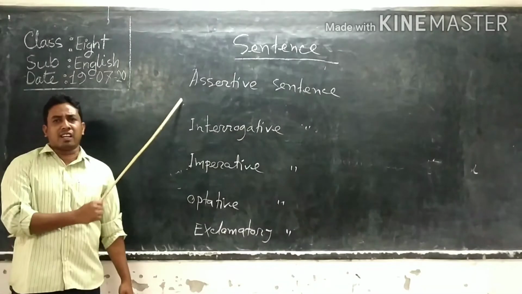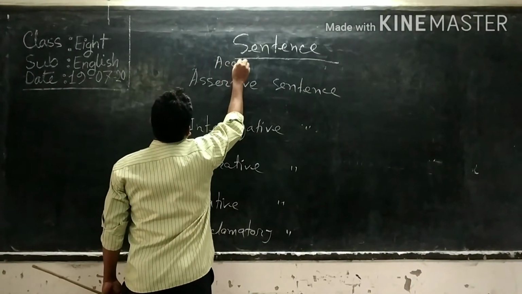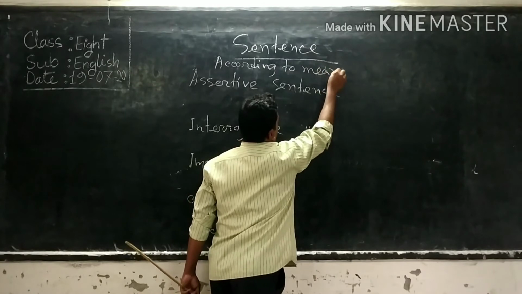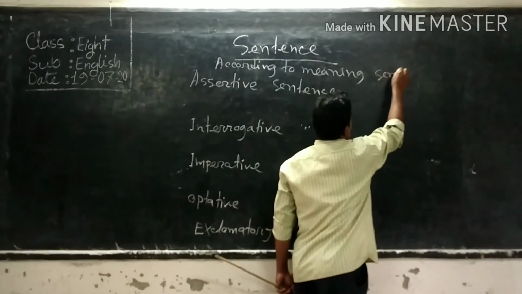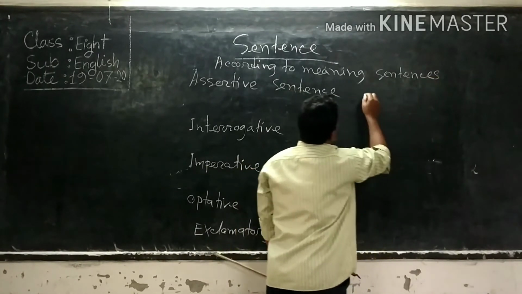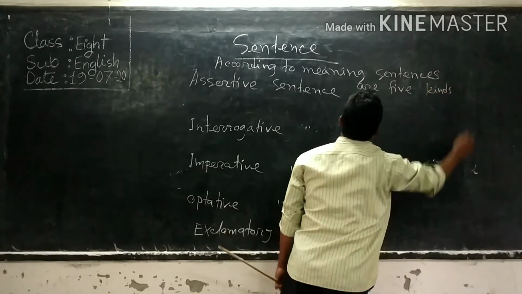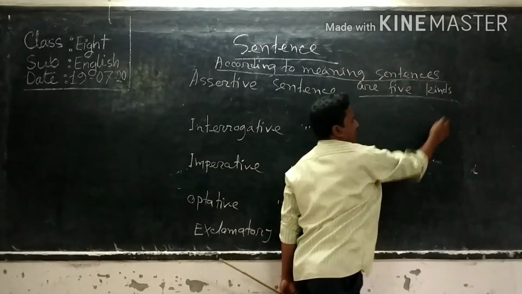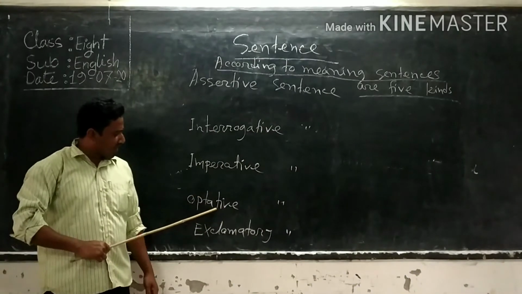These are the five kinds of sentence according to meaning.